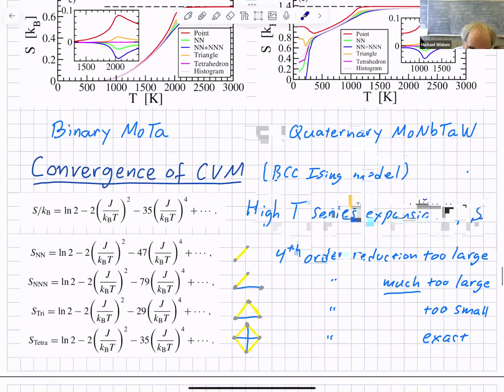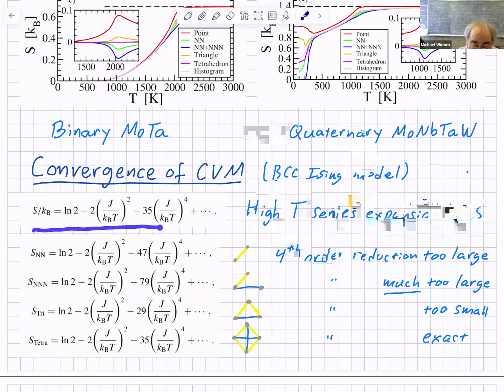And so this raises some questions about the nature of convergence in the cluster variation method. So Drew Kim and I carried out a high temperature series expansion for the body-centered cubic Ising model.